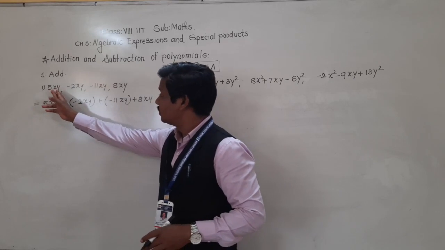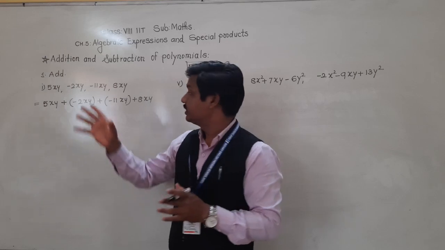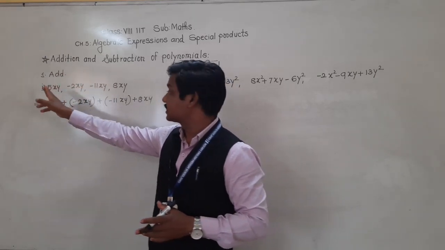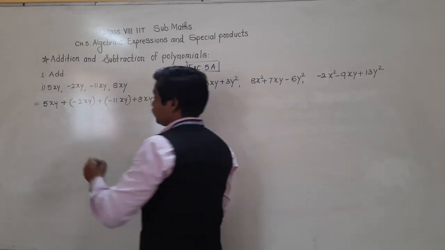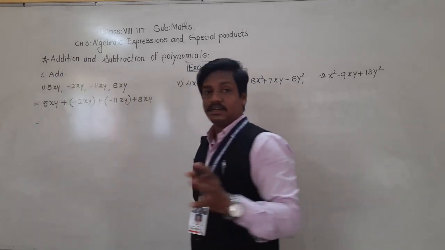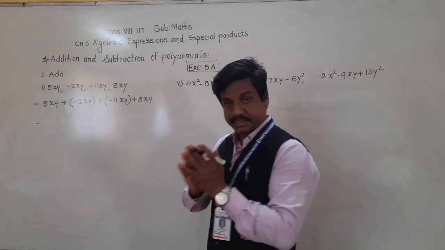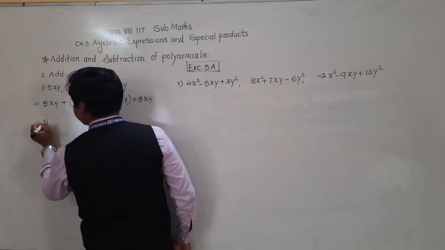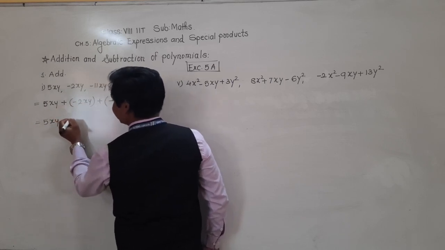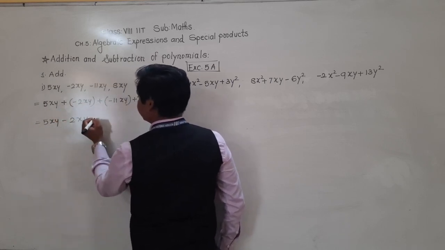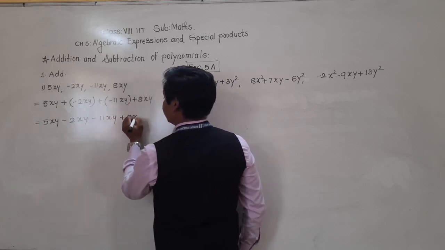Now if you observe, all these four terms have the same literal coefficient, that is xy, which means they are like terms, right? So we can directly add them because like terms can be added. This thing keep in mind. So 5xy, first remove the bracket, minus 2xy, minus 11xy plus 8xy.